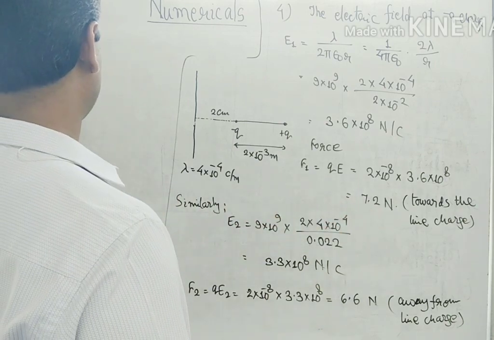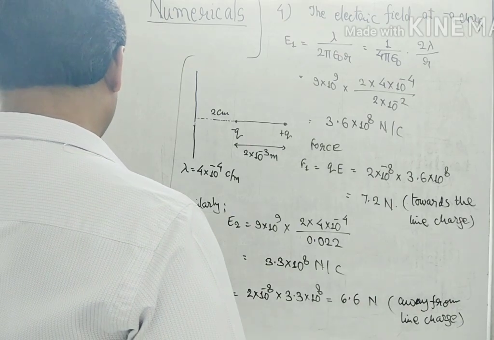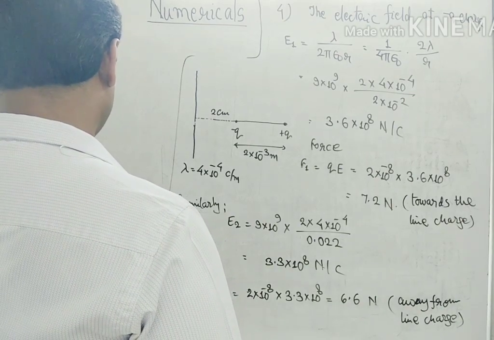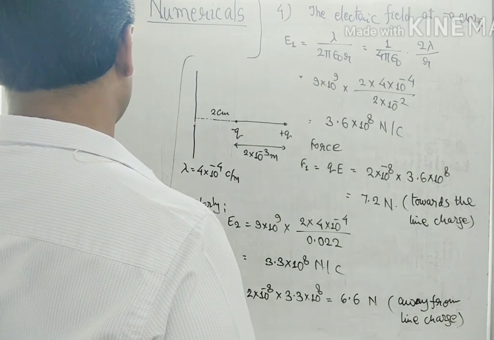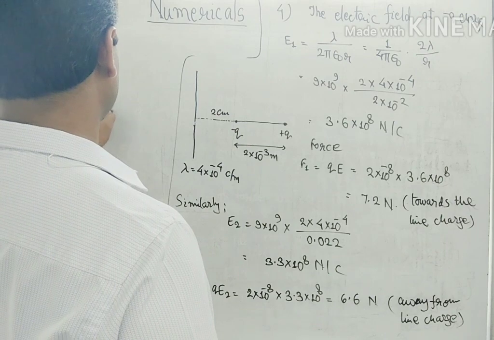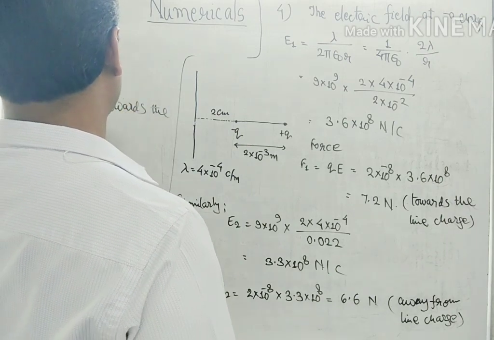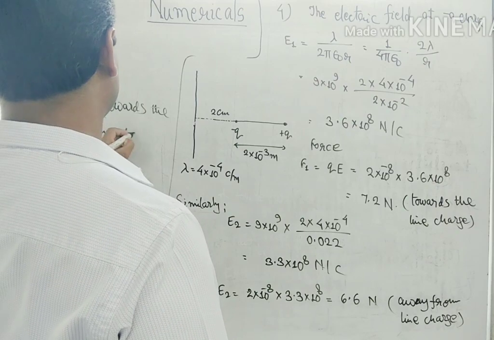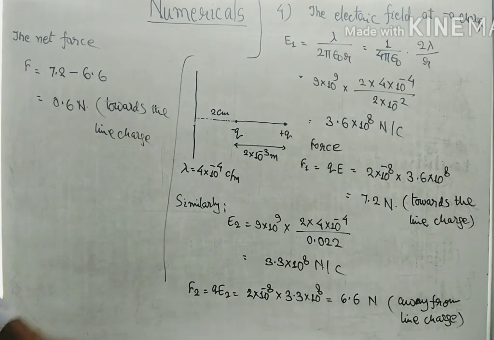So this is 7.2 minus 6.6, so you'll get 0.6 Newton, and the direction along this is towards the line charge. So actually this is the proper solution of this question.